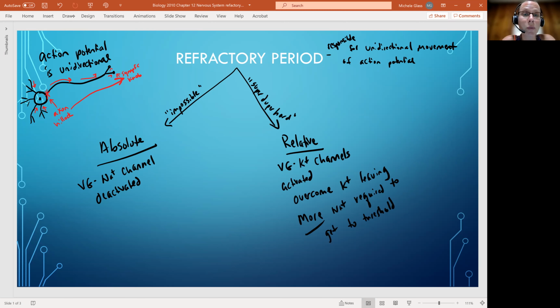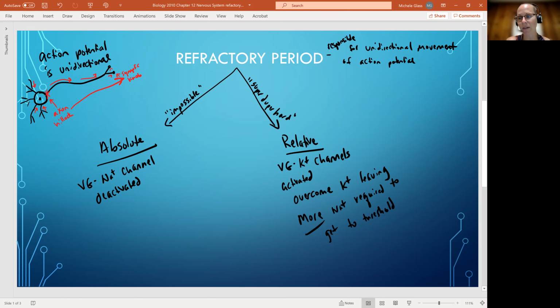So relative is super duper hard because you have all this potassium that's in the process of leaving the cell, and you have to kind of fill in that gap plus also the sodium that's required just to take it to threshold anyway. So because of this refractory period, it just basically pushes the action potential in one direction.